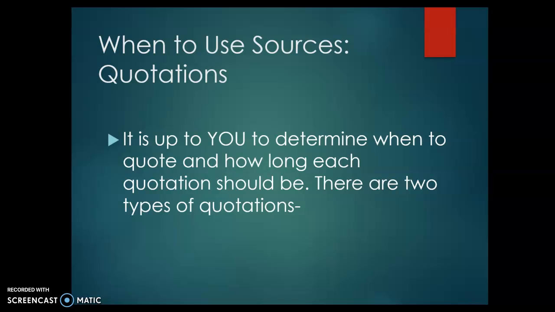So I tend to tell people to use what I call the 80-20 rule. 80% of a research paper or any academic writing should be your own content or paraphrased, where you're taking sources and you're putting it in your own words, but yet you're still providing citations in text and reference.